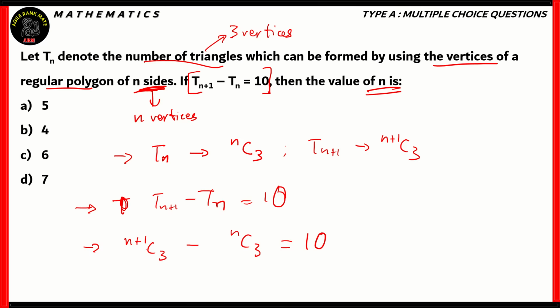Now, the easy way to represent a combination, since we have n and r here, is as follows. Since it's nC3 and n plus 1 C3, we will write the first three terms, n plus 1, n, and n minus 1, divided by the last three terms, which are 1, 2 and 3.